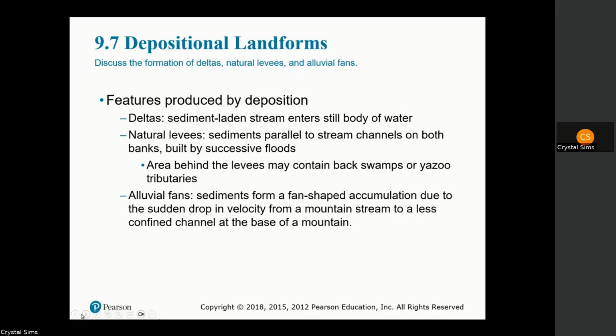And then we can have alluvial fans. Alluvial fans typically develop where we have a drop in velocity from a mountain stream to the base of a mountain. We'll study these a little bit more in the next chapter.